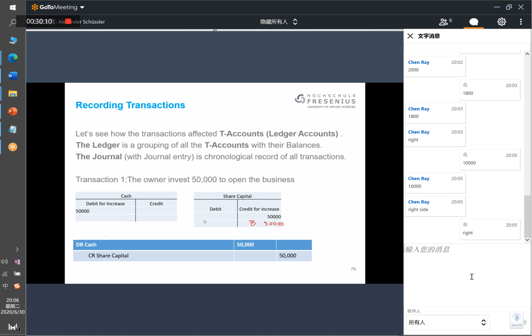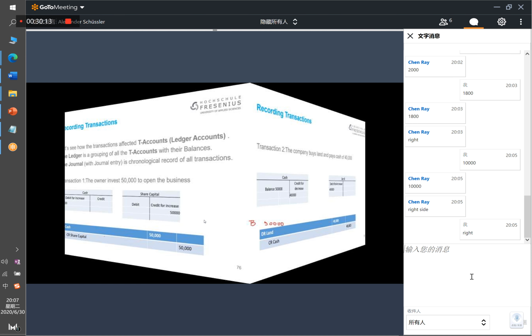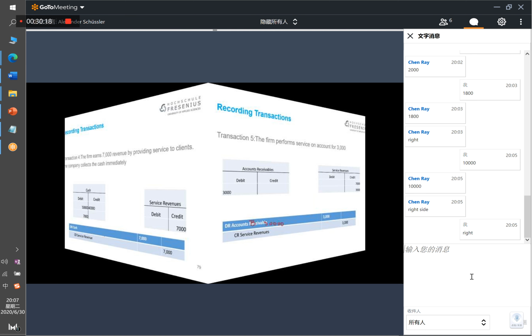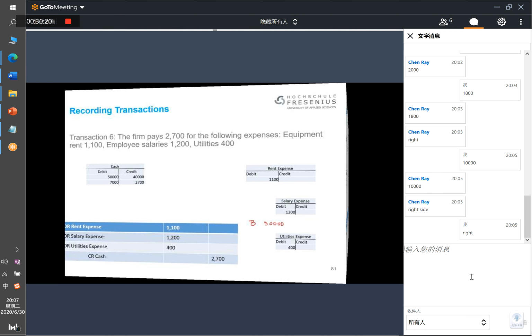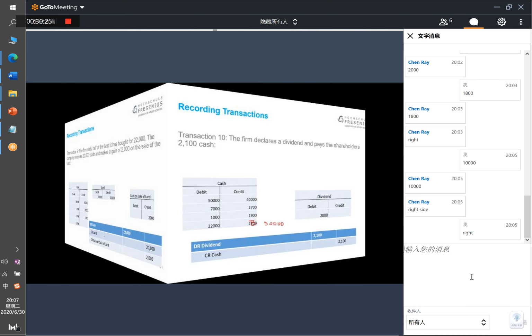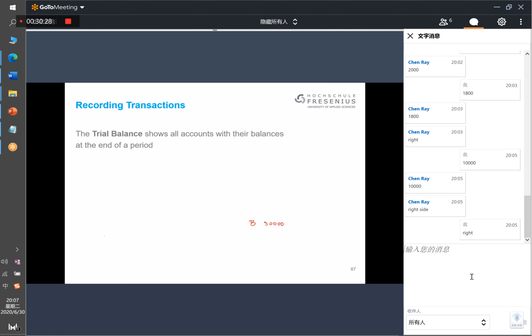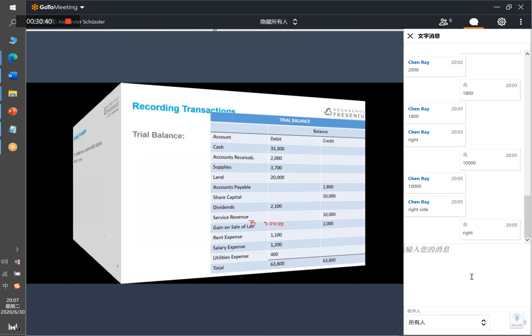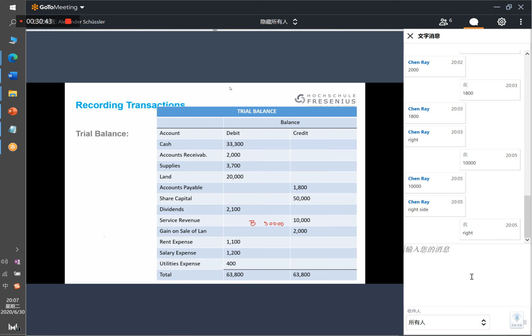Okay, so now let's see whether we did it right. The trial balance shows all the accounts with their balances at the end of the period. So let's see whether we are right. Here, for example, cash, I remember we had 33,300.